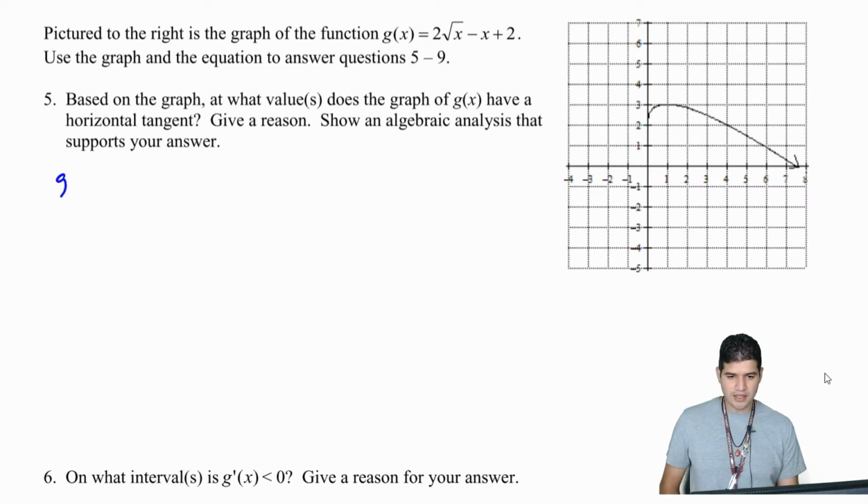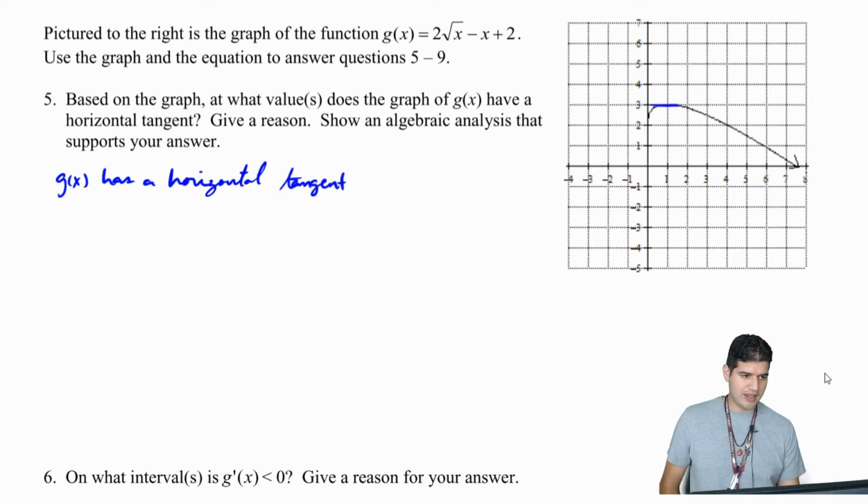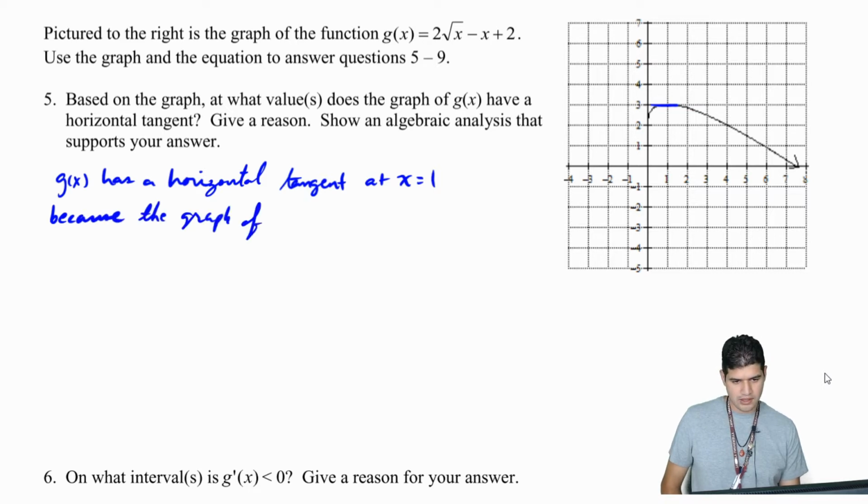So what I'm thinking here is that g of x has a horizontal tangent. It looks like it's happening right there, at x equal to 1, because the graph of g of x changes from increasing to decreasing.